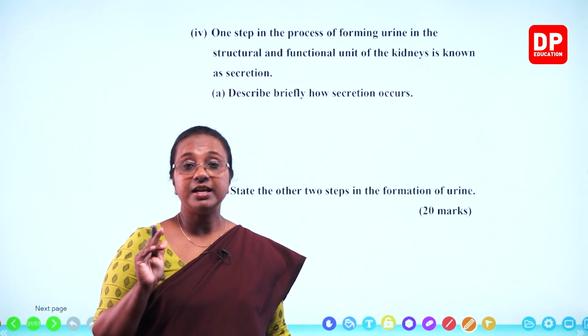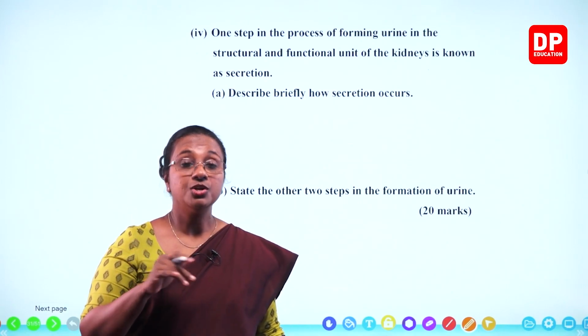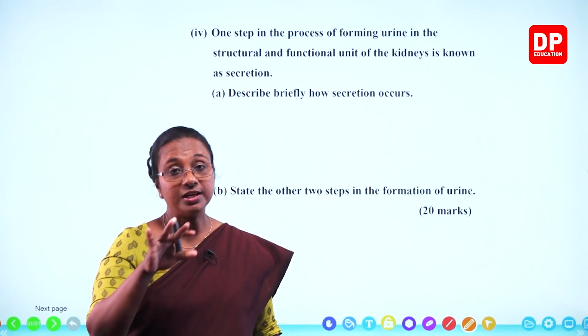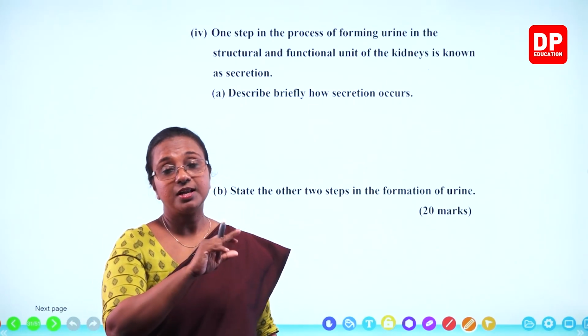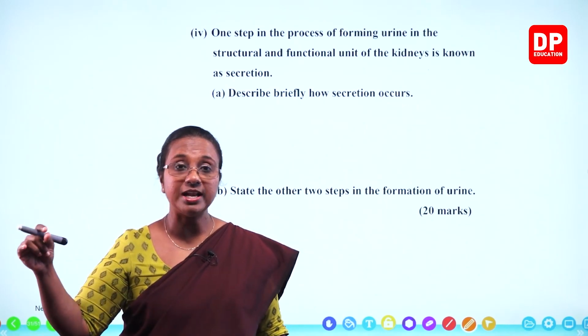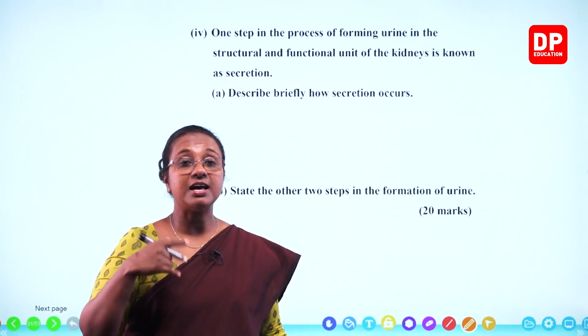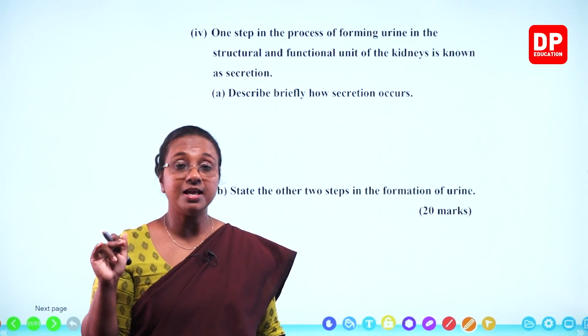So, here already I mentioned to you all, initially it is the ultrafiltration. So, the blood is supplied through the afferent arteriole into the glomerulus. You all know the afferent arteriole has a bigger diameter and the efferent arteriole has a smaller diameter. Because of that, there is high pressure inside the glomerulus. Blood is flowing under high pressure.